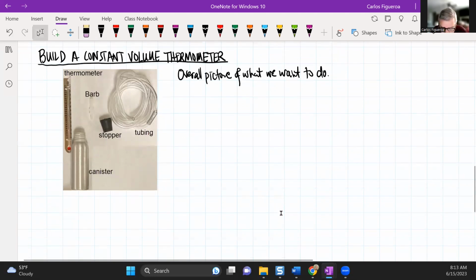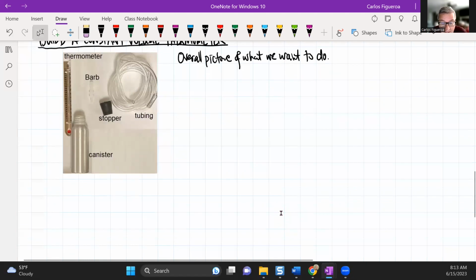So the first thing that you're going to do here is that you're going to create a stopper. You're going to connect the stopper and the tubing with the barb. So you're going to have a black stopper, and then you're going to have a barb here. So that means there's going to be a thin end.